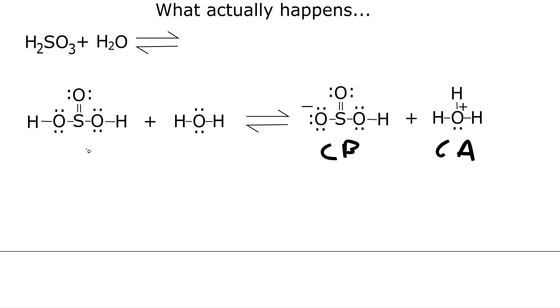They donate protons. So we can either take off a hydrogen ion from here or from here. Doesn't really matter. So I excised this hydrogen ion, and when we did that, we still had those electrons. We only donated the proton, so we're not removing the electrons. So when I removed this proton, it's going to be attracted to this lone pair on the water, and that is why it bonds right here.